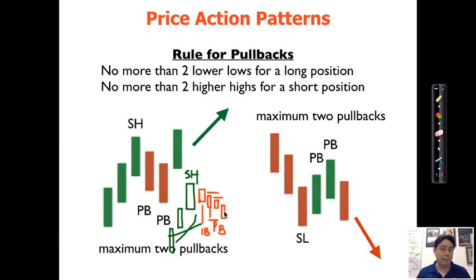Are we still valid? Yes, we are, because we're at 2 pullbacks and 2 inside bars. Now, inside bars are like jokers. You can have as many inside bars as you want to, but you can only have 2 pullbacks, all right? So we are still valid. What we do now? We now cancel this buy order and place the buy order right above the high of the latest pullback. All right.